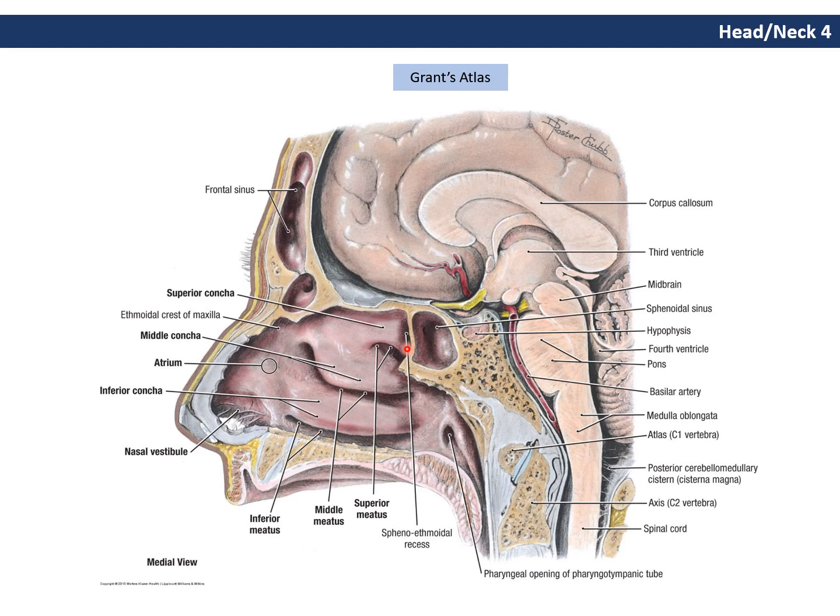It is difficult to see a supreme concha in most cadavers, and so that represents a challenge there. Here's the opening to the pharyngeal tympanic tube right in the nasopharynx, in the posterior part of the nasal cavity.